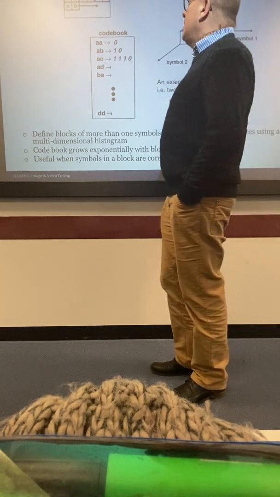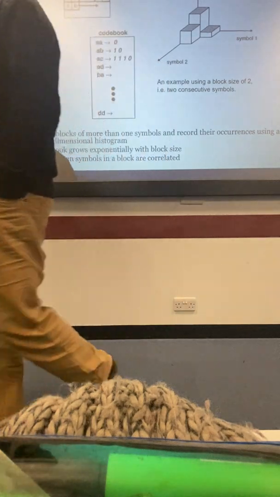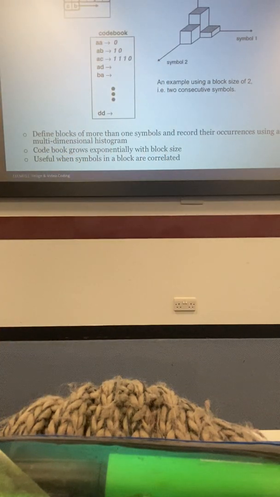I can also group pixels. I can say, well, I will be coding 4 pixels at a time. What is it going to do to the number of symbols? In this particular case, I have 4 symbols, A, B, C, D, right?